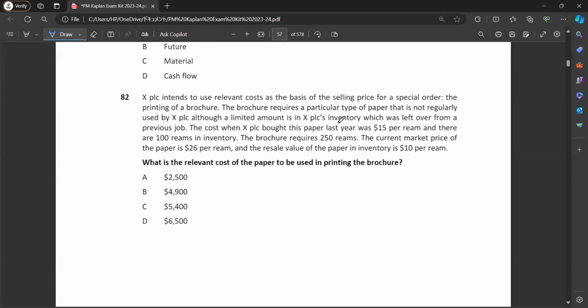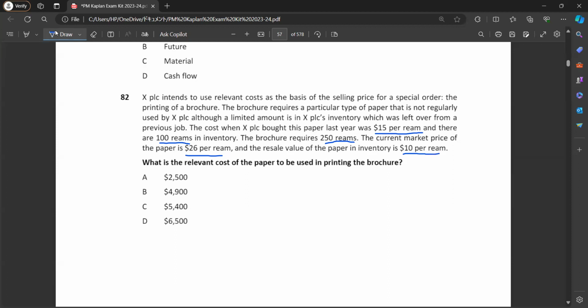The cost when XPLC bought this paper last year was $15 per ream, and there are 100 reams in inventory. The brochure requires 250 reams. The current market price of the paper is $26 per ream. The resale value of the paper in inventory is $10 per ream.